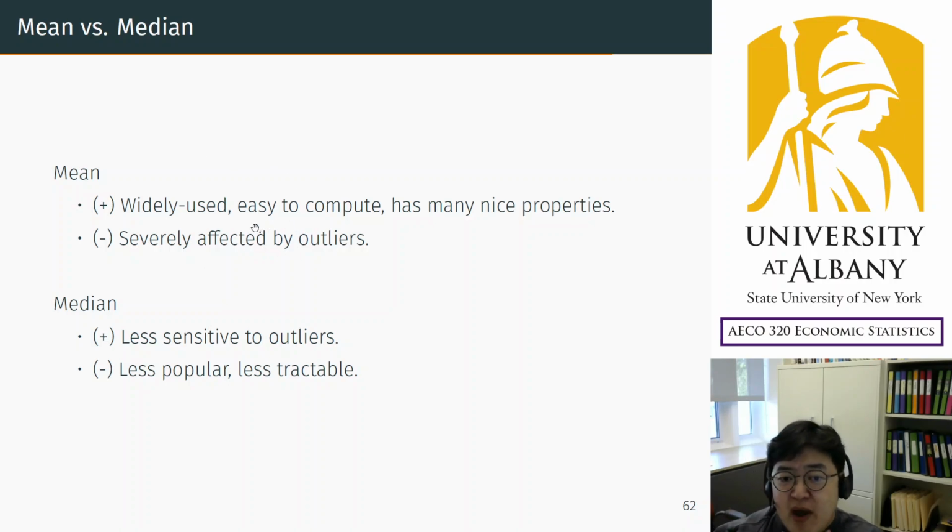If you suspect that there are outliers and outliers cause a misleading mean, then you may need to check the median. That is what I'm saying here. So it's less sensitive to outliers. But the problem is it's not that popular and not that tractable, like mathematically, not easy to handle. There are not many properties for the median, right?